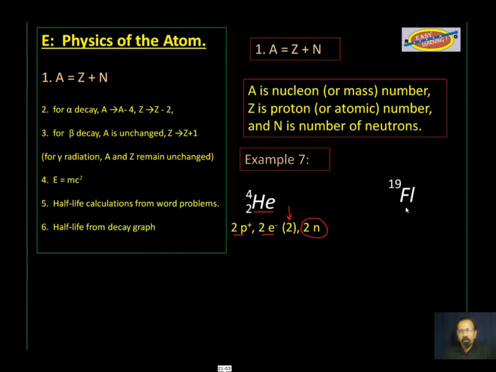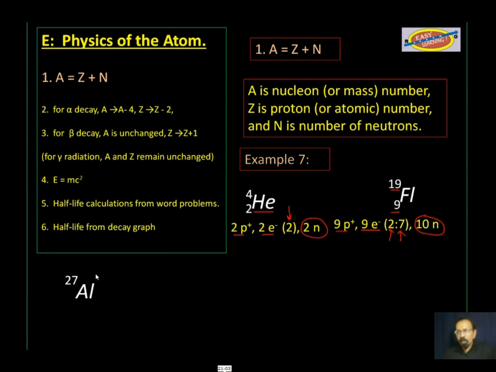Fluorine with 19 and 9, it has 9 protons in the nucleus. It has 9 electrons around the nucleus, 2 in the first shell and 7 in the second shell, and it has 10 neutrons in the nucleus.